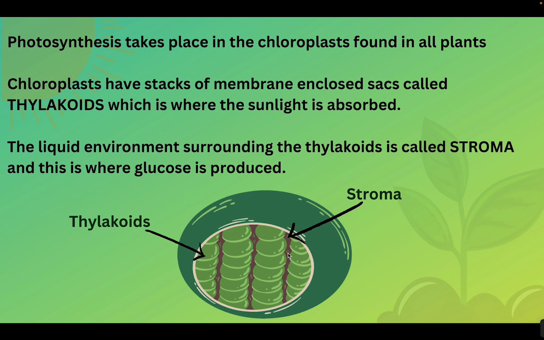So the stroma is going to be where the second stage takes place. Our sunlight gets absorbed here, but that actual final product of glucose, that sugar we talked about in the equation, is made here in the stroma. So all this is enclosed in its own membrane here, and this is going to be our whole site of all photosynthesis.